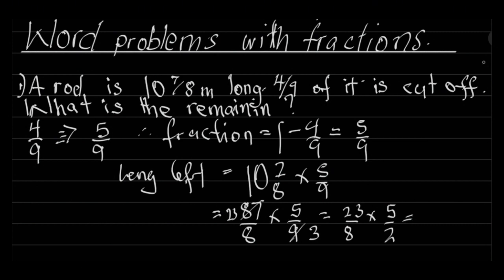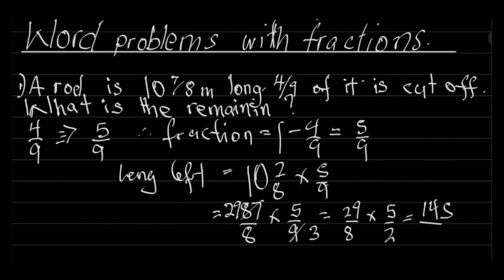And let's see what we are going to have. But before we move on, let me correct this mistake. This was supposed to be 29. I don't know why I keep getting confused here. So 29 times 5 will give us 145.